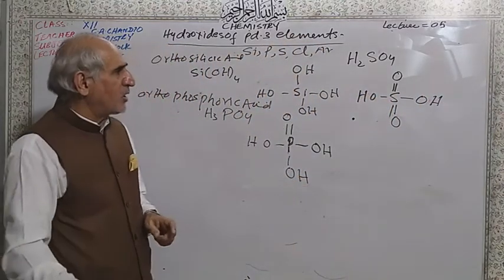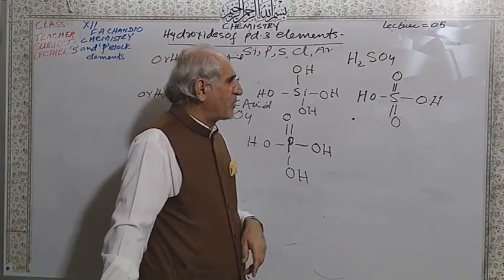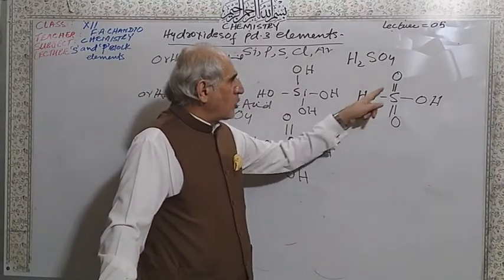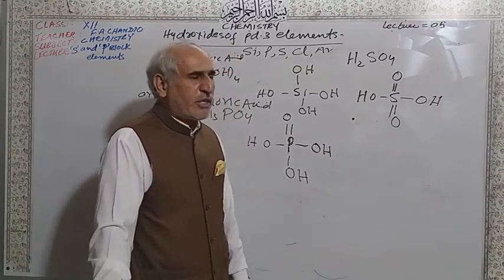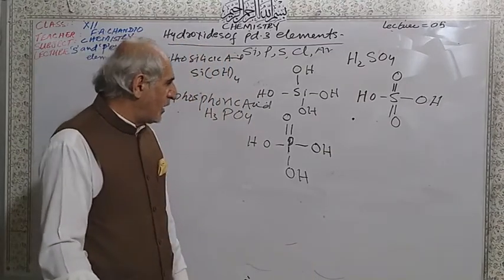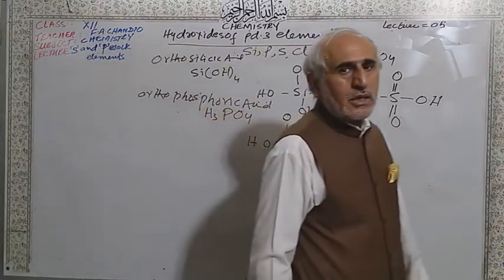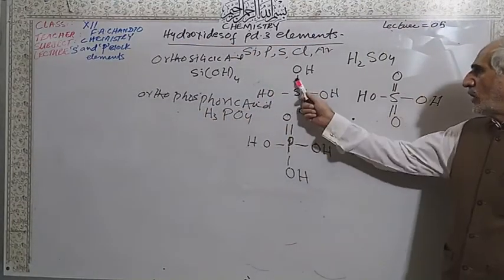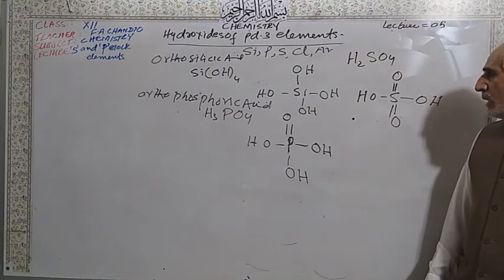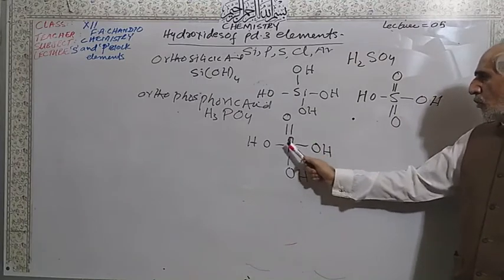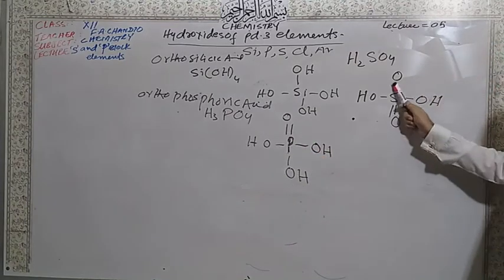So H3, 1, 2, 3, P in the center, oxygen 4. This is the structure of orthophosphoric acid, a weak acid, or we call it a phosphorus 5 acid because the oxidation number of phosphorus is 5.